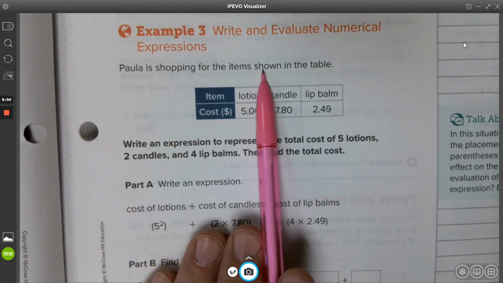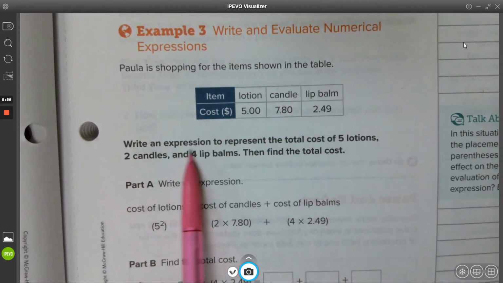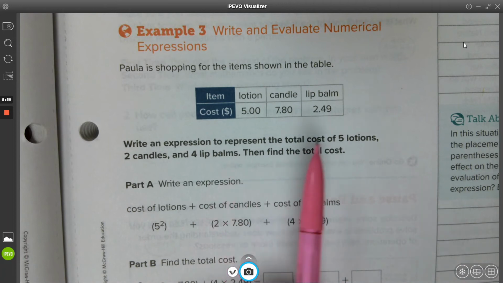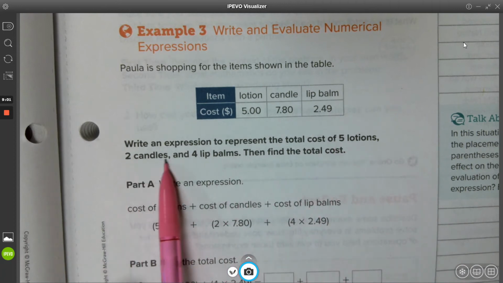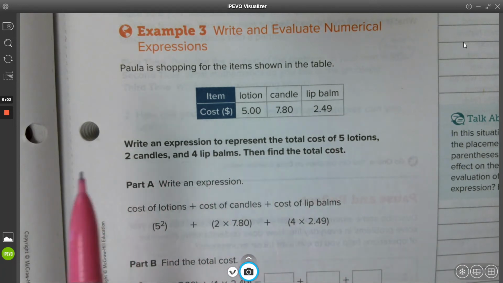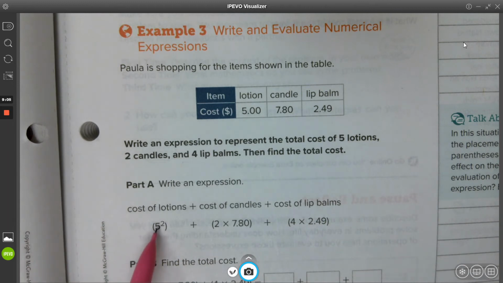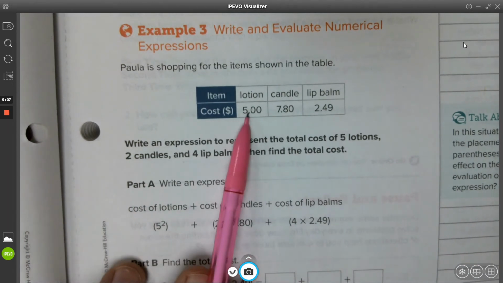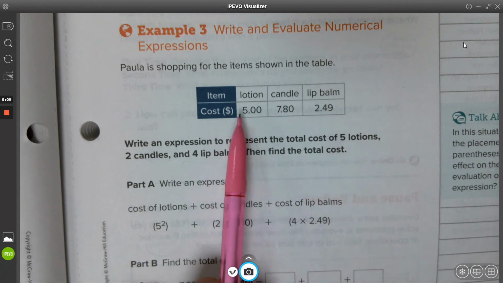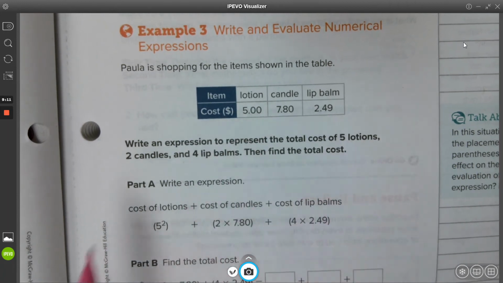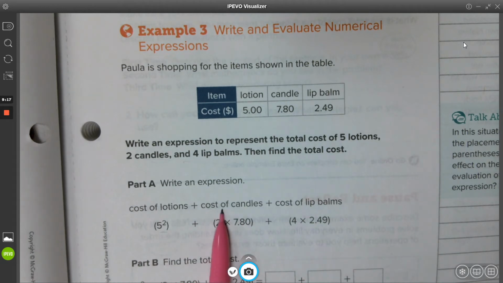Paula is shopping for 4 items shown in the table. We can write an expression to represent the total cost of 5 lotions, 2 candles, and 4 lip balms. Now, the cost of lotions: if the lotion costs $5 and you're buying 5 of them, you're multiplying 5 times 5, which we can simplify to say 5 squared. Then we take the cost of the candles.